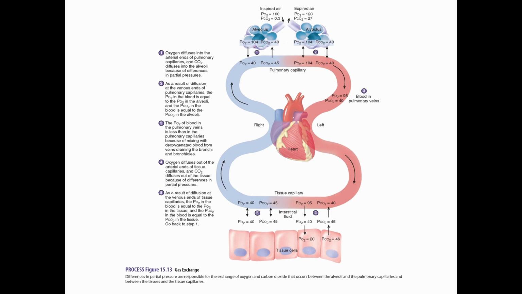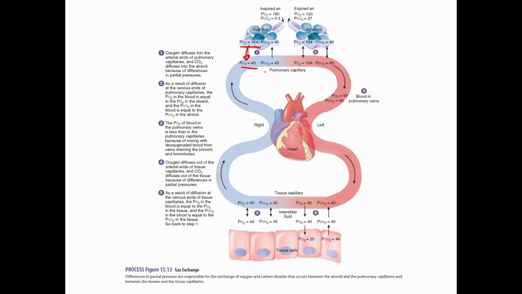Since the partial pressure of oxygen in our alveoli, which comes from our air, is 104, and the partial pressure of oxygen in your blood is around 40, the flow of oxygen is inwards to your blood. Remember that gas will flow from a region of higher concentration to a region of lower concentration. Meaning kung saan mababa ang pressure, dun pupunta ang oxygen. So in terms of oxygen, 104 sa alveolus, 40 sa blood, papasok siya.